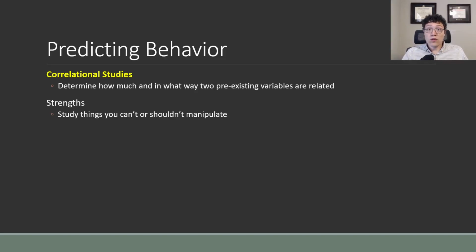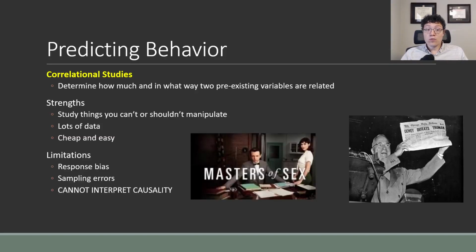I can't manipulate whether you are male or female, or a Republican or Democrat. But you can see if being a Republican or Democrat, male or female, being a high income earner or low income earner relates to something else. This is great because you can get lots of data pretty cheap as well, but there are issues again with response bias and things like sampling errors.